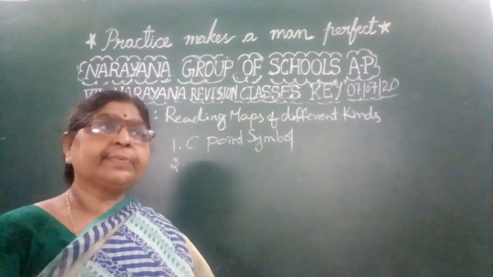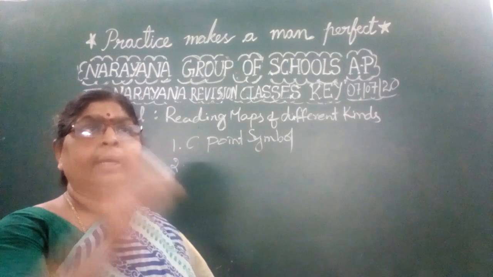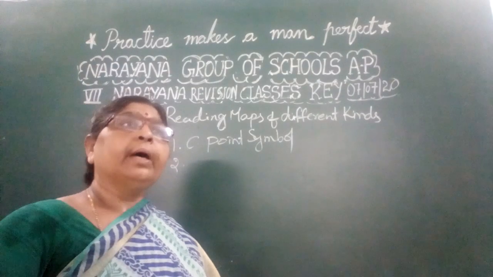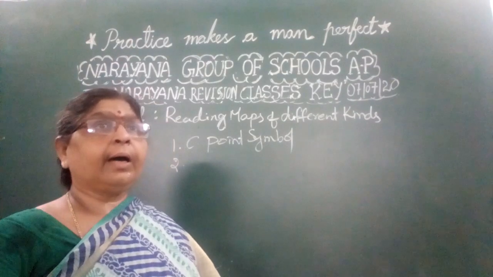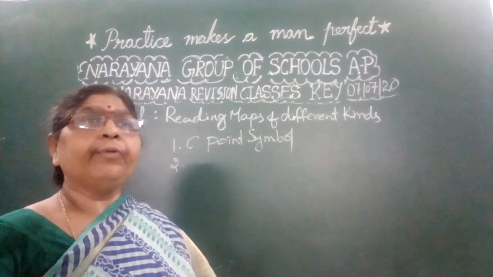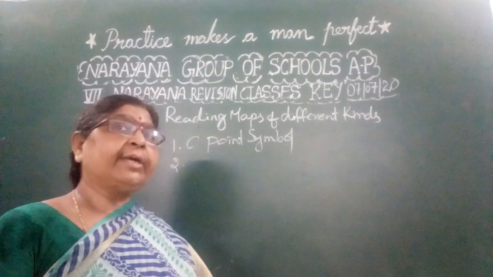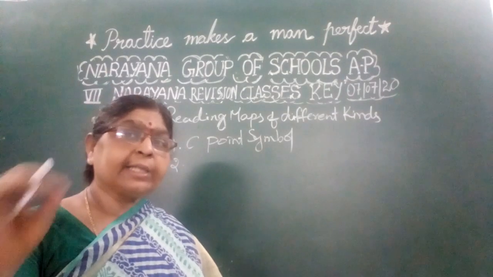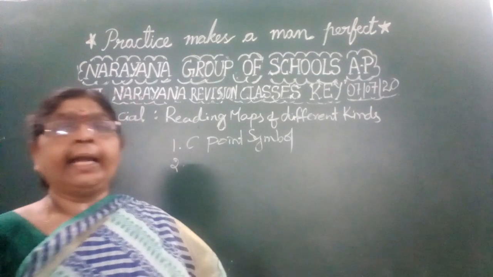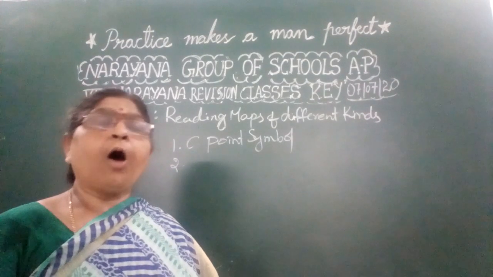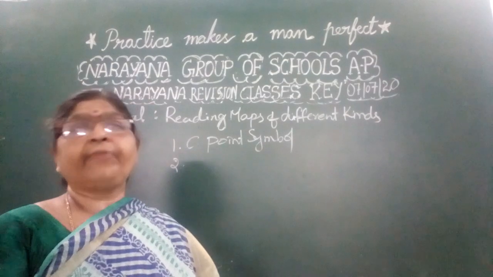But if I say specifically go north 2-3 kilometers, then go east for 1.5 kilometers, then you will find a school, and near the school is our house. Like that, directions and symbols, symbol and distance, all these are very important for the map.